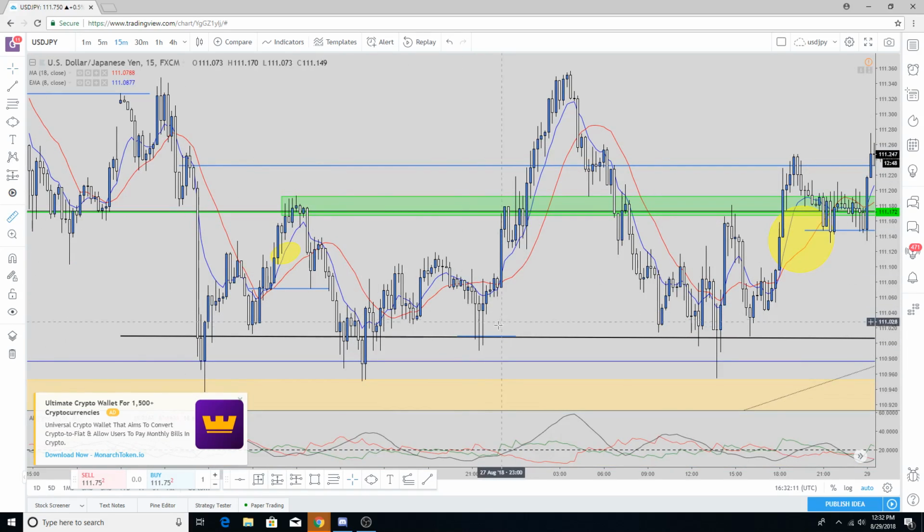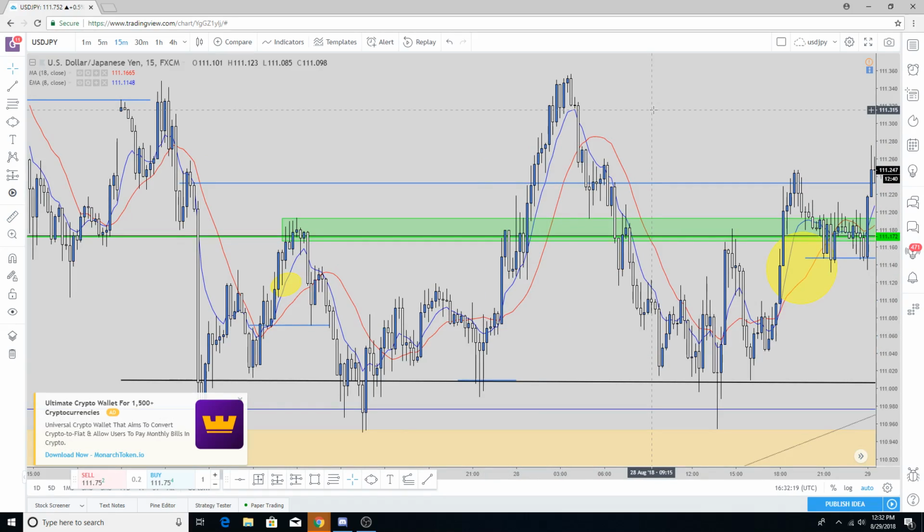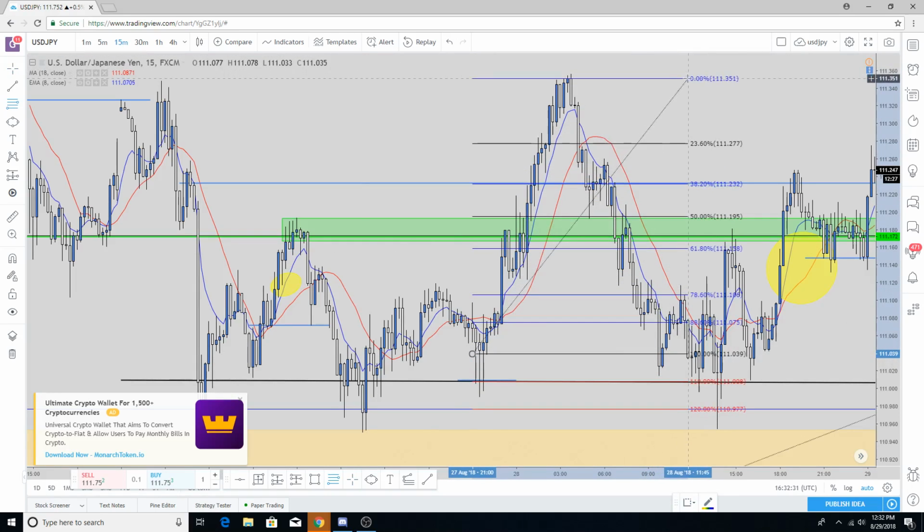So that got triggered, took a little bit of drawdown, and then immediately back into profit, 4 pips, and ended up catching an overall of, I believe, 25 pips on this move, because it started coming down on me. And if it breaks the 38.20, then I am out. So my point A is going to be here, my point B is going to be up here.